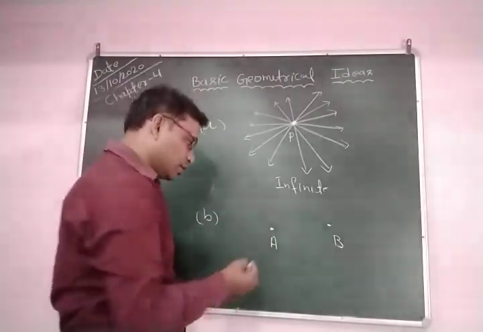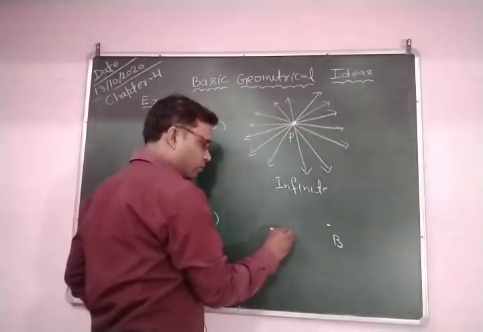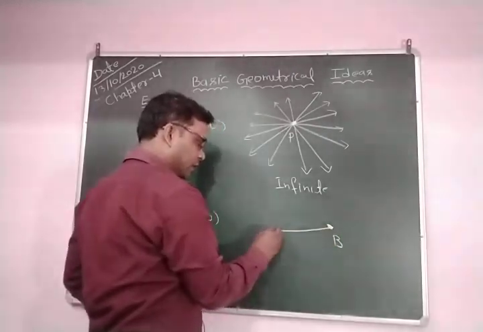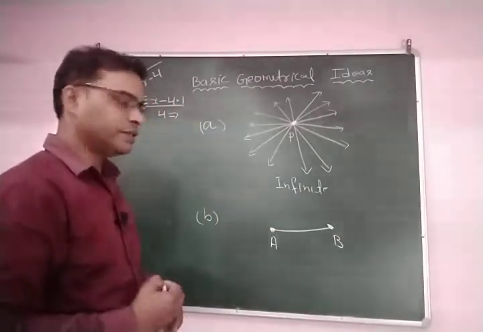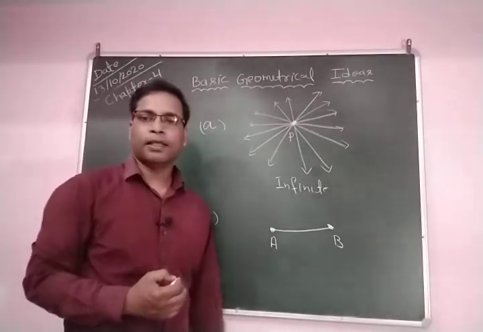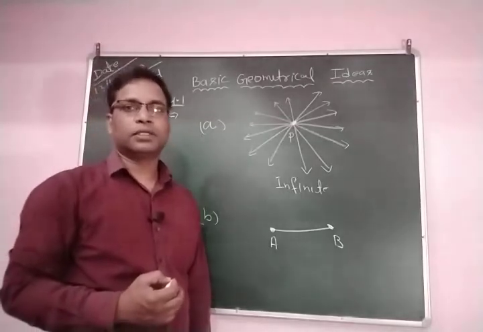If you join these two points, you obtain only one line. Only one line can pass through two given points.